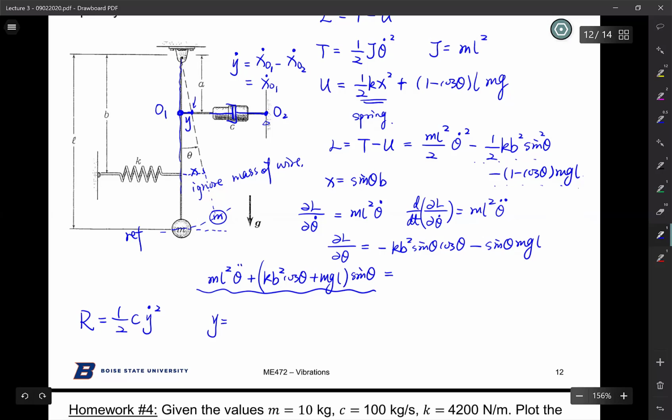According to the geometry, it's just sine theta times a. That means your velocity is cosine theta times a times theta dot. You take a time derivative on both sides, and then you get the velocity. So that's how you get your R. Your R is half c a squared cosine theta squared theta dot squared.